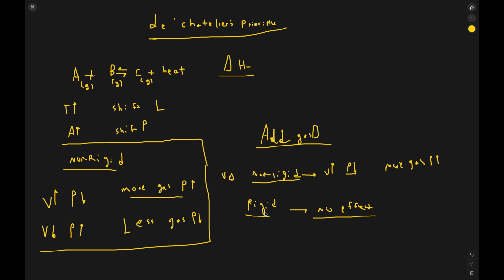Because the volume doesn't change and the pressure does not really change at all. However, the total pressure does change, but you still have no effect on the overall equilibrium position. And yeah, it's pretty simple as that.